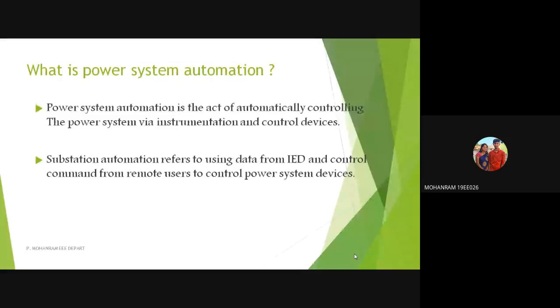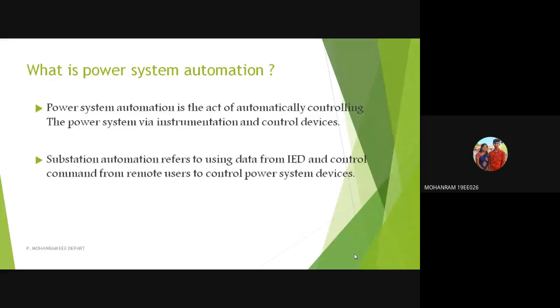SCADA is installed in power system automation also, and there are three main automation tasks: data acquisition, supervision, and control. Data acquisition is acquiring or collecting data from the system by the SCADA system, supervision is monitoring the entire process till the end, and control is the commands given by the PLCs and RTUs based upon the data stored in the SCADA system.